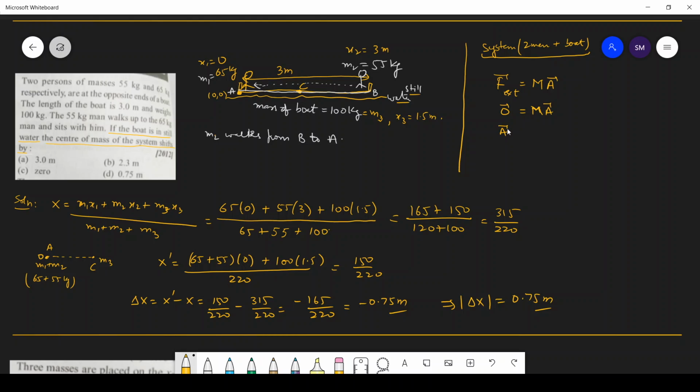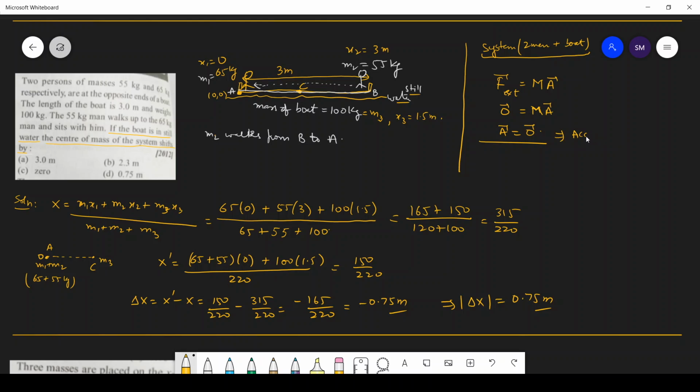So acceleration of the system is also 0. If this boat is at rest, acceleration is 0. So it means the boat will... see, is this the acceleration of the boat or the acceleration of the center of mass? Center of mass.